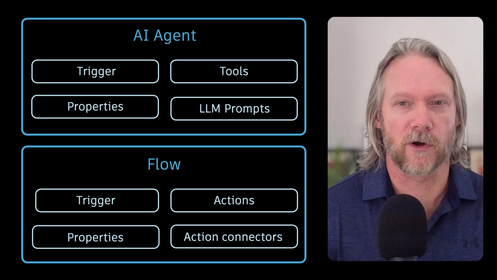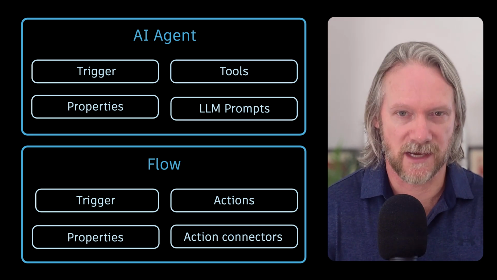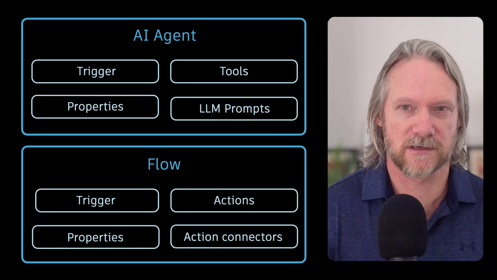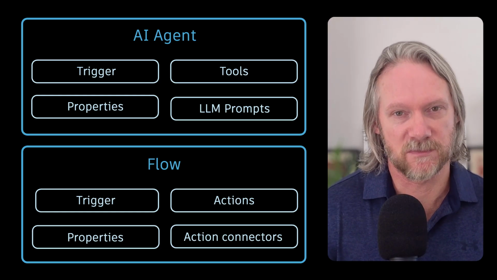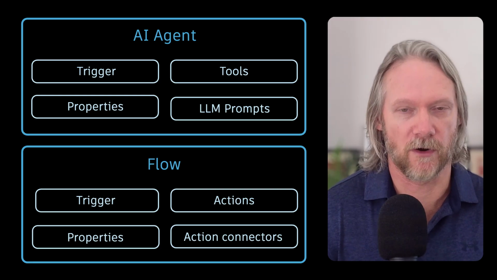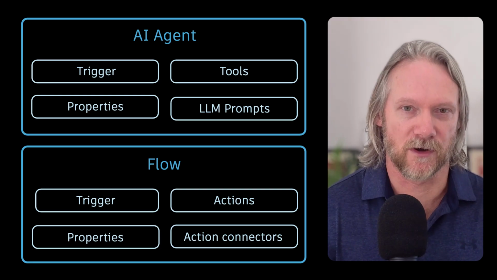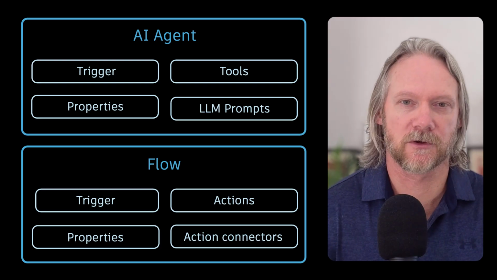So rather than the process being a predetermined workflow expressed as a series of definite actions that each need to be precisely defined, the process is being directed by the large language model using your prompts. And these prompts are written in plain language, at the moment in English.